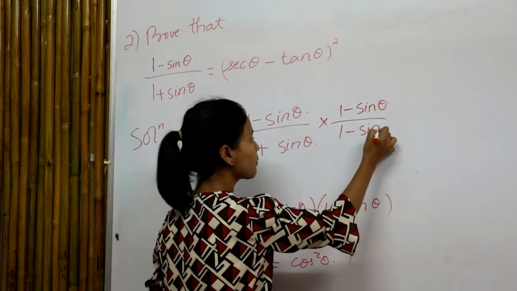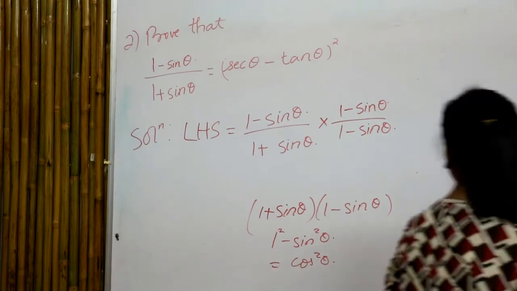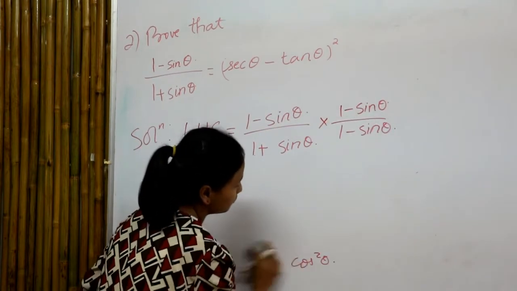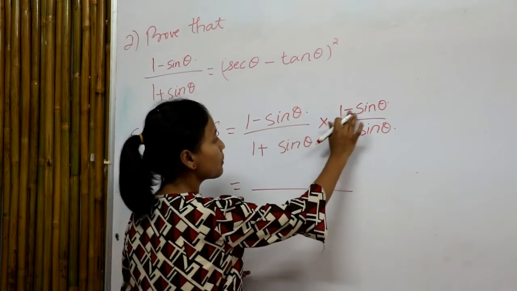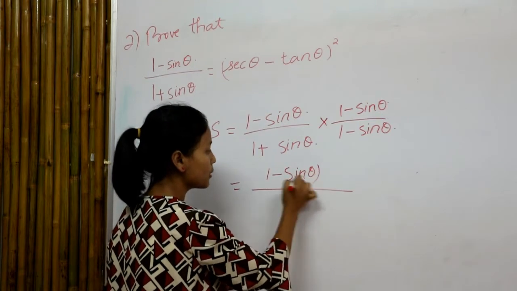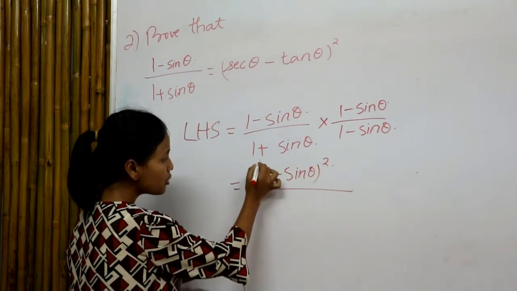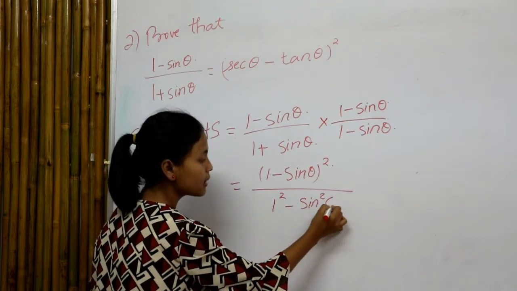Alright. Then in the numerator, 1 minus sin theta into 1 minus sin theta is 1 minus sin theta whole thing square. And in the denominator is 1 square minus sin square theta.